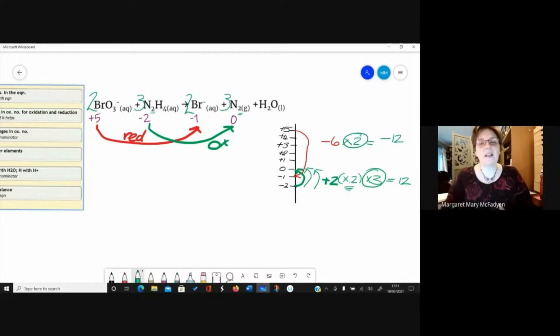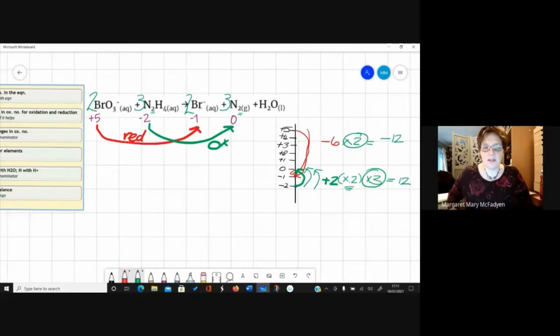So what this effectively is saying, for every 2 of the reduction that we do, so for every 2 of these, we need to do 3 of these doubles, or 6 of these, of 6 nitrogens effectively in total.